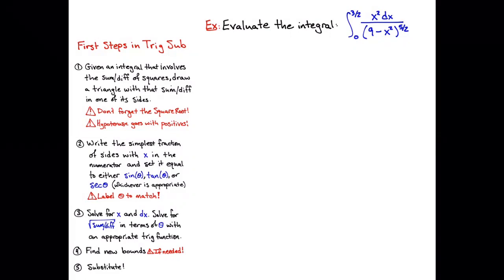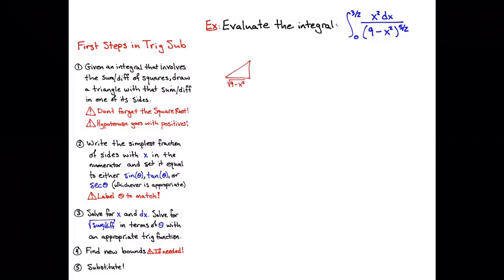And the way I'm going to choose that substitution is I'm going to draw a right triangle. And I want 9 minus x squared to be involved in one of the sides of that. And I know that the hypotenuse loves positive things. This is a difference of squares, so I know the 9 minus x squared has to be one of the sides.